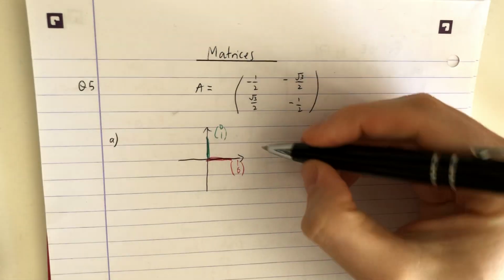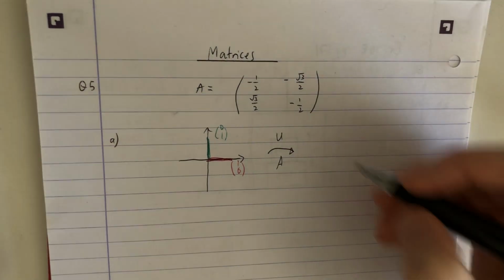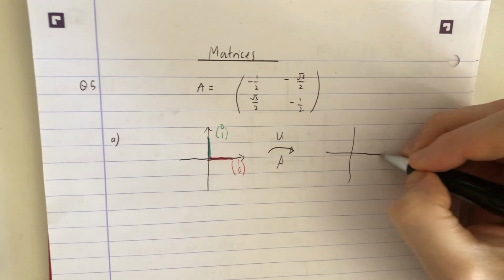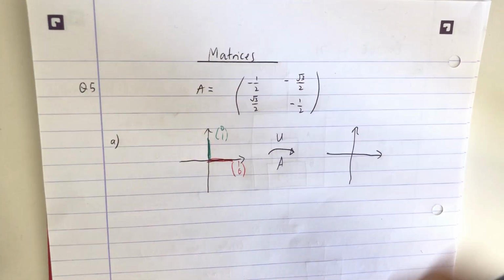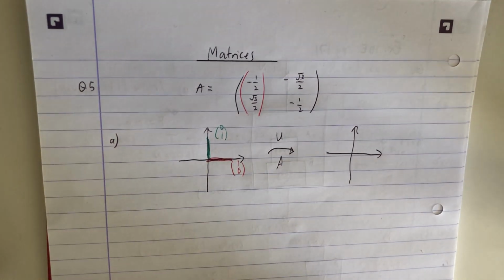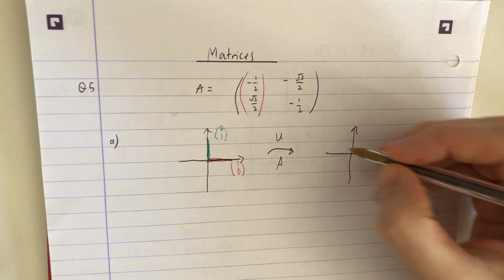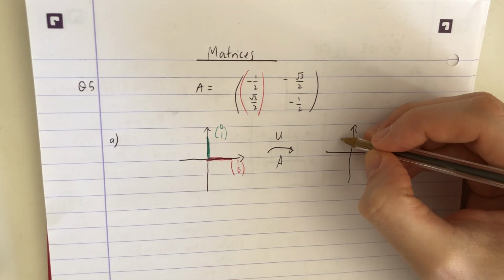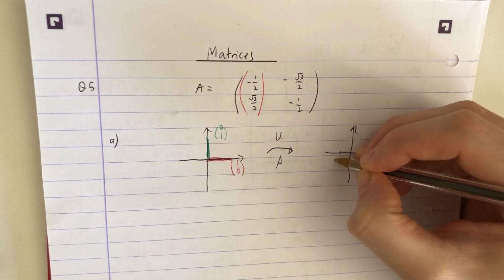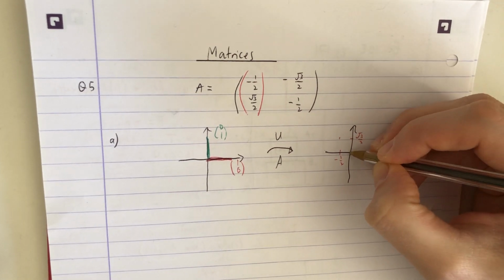If you apply the transformation, which is U or matrix A, these basis vectors, well, 1, 0 goes to this vector, which is minus a half, root 3 over 2. Which is there.